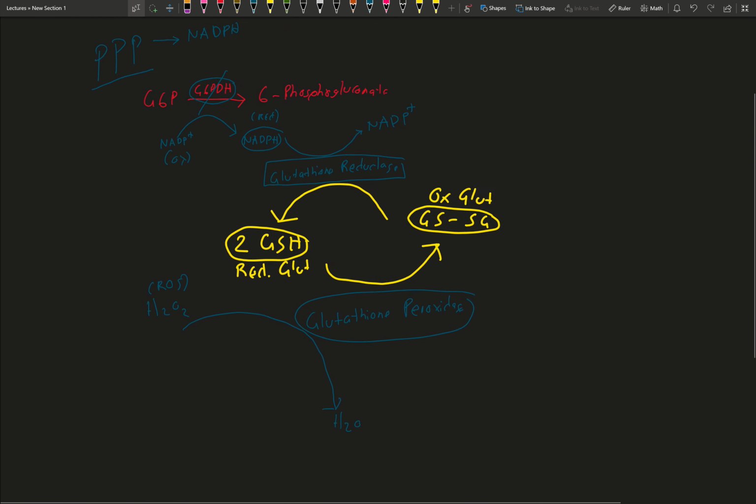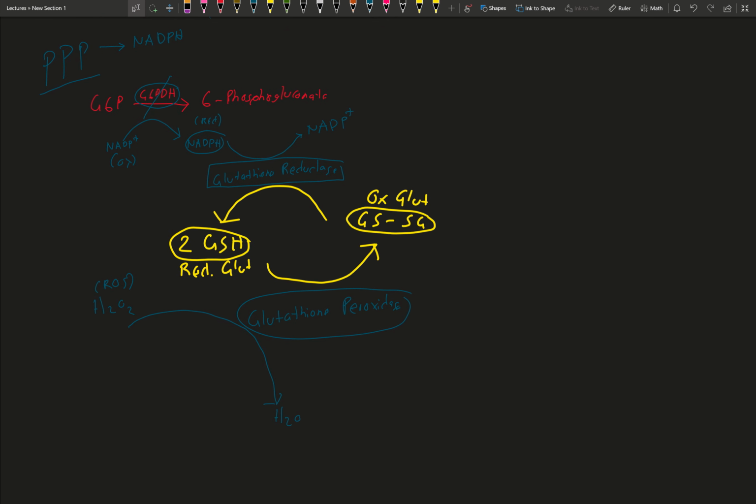So if we were to go back again, assuming that a patient has this deficiency, we will see a buildup of NADP+ because this enzyme will convert NADPH into NADP+.